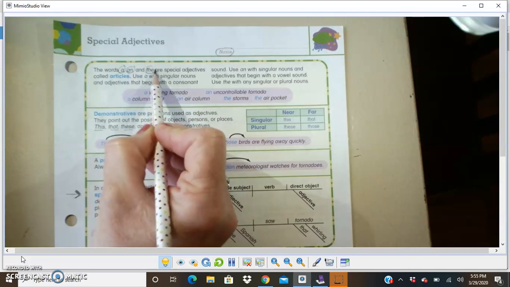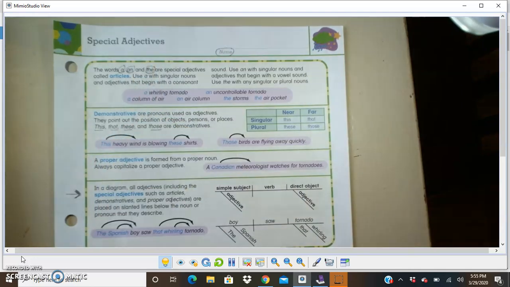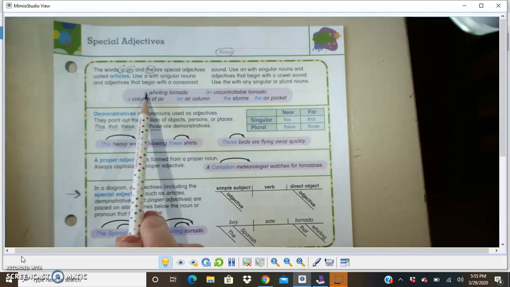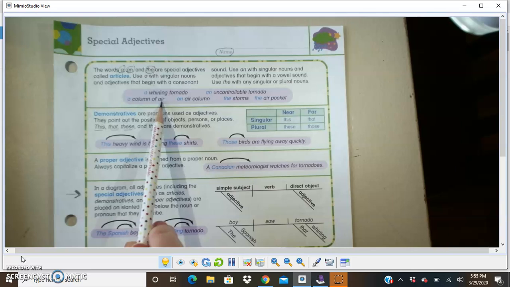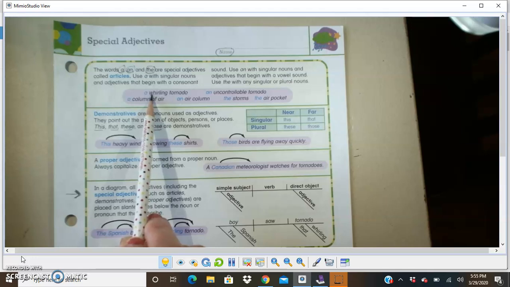You use the word a with singular nouns and adjectives that begin with a consonant, like a whirling tornado or a column of air. So if you'll notice, the word behind the article begins with a consonant.